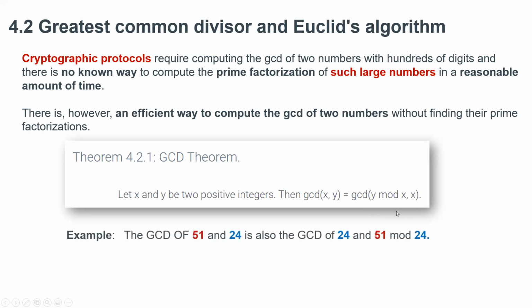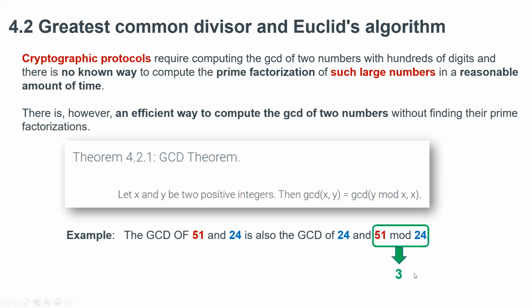Now let's see why that will be helpful. Let's look at this example: say we're trying to find the GCD of 51 and 24. Well, this theorem tells us that the GCD of 51 and 24 is also the GCD of 24 and 51 mod 24. So you take the largest number and then mod the smaller number, and that's our other number that we're going to compare to the 24 and find the GCD of those.